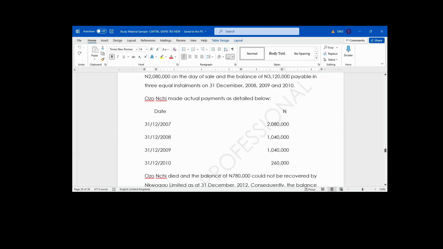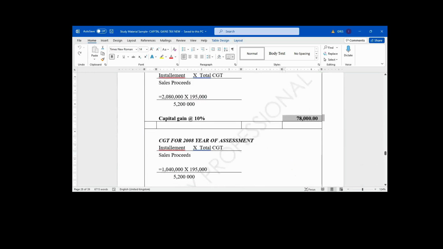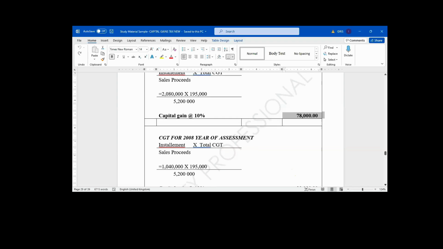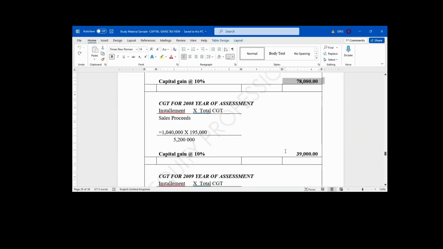All over the total sales proceed, which is 5.2 million, times 195,000. What are we going to get? 39,000.